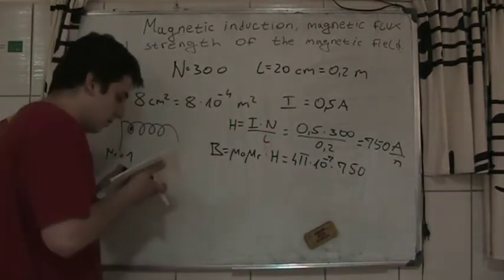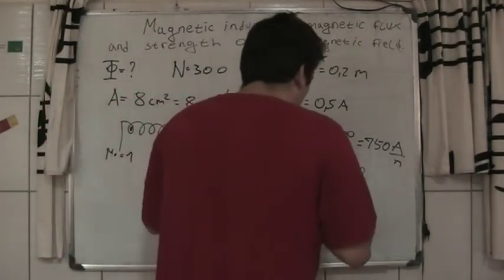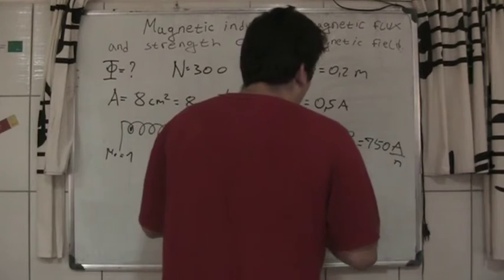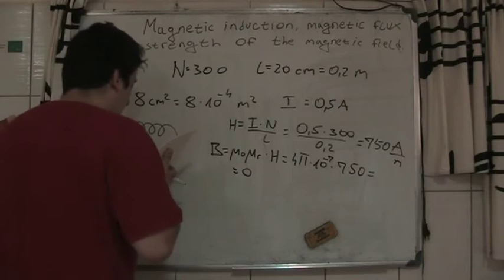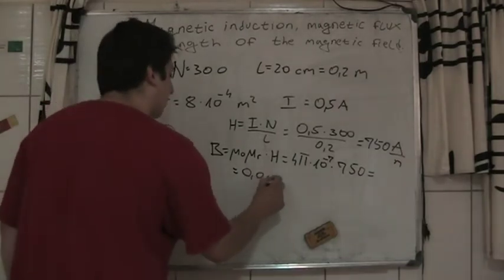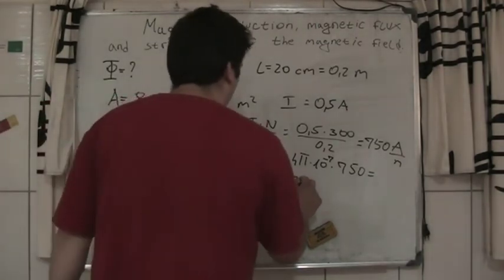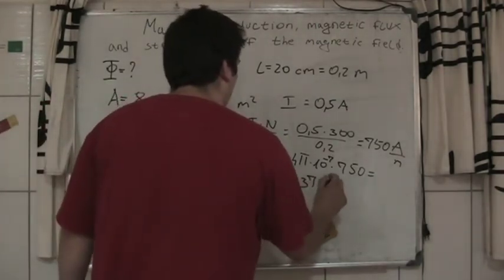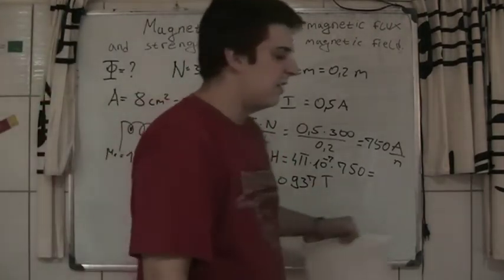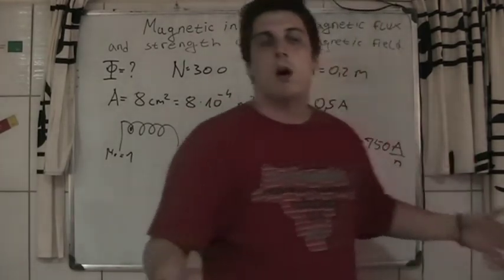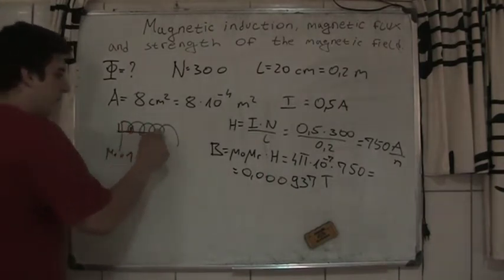And you get a really small number that's equal to 0.0000937 Tesla. So now you can see that the magnetic induction here is relatively small. So what do we do? We always put an iron here.